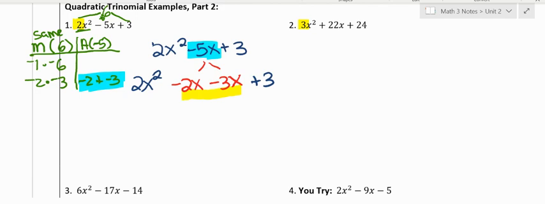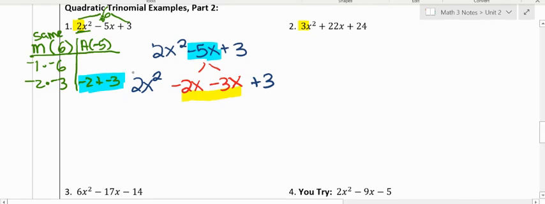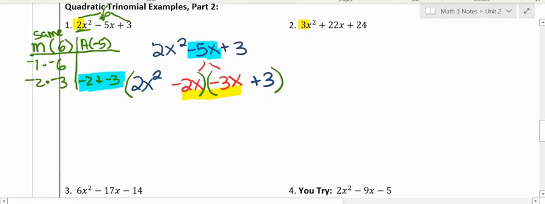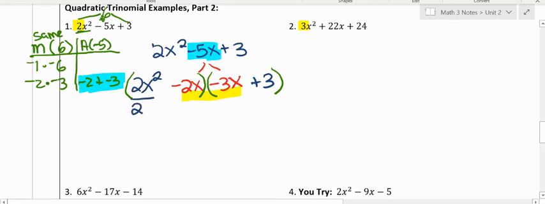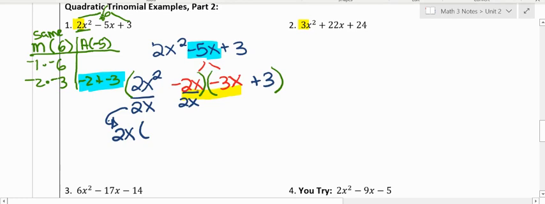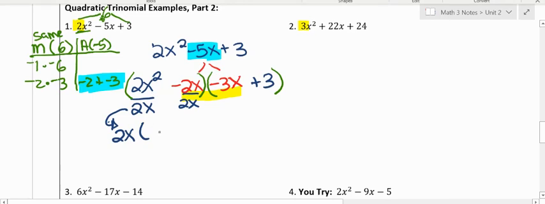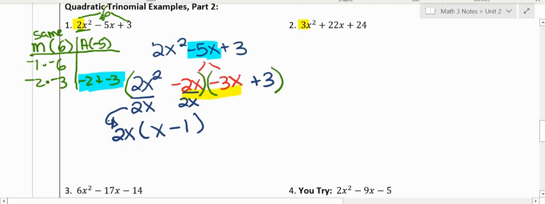Now we're going to do just what we did in the last section. I can group my first two and my last two terms together. In the first pair, I can pull out a 2x. So I get 2x, and then inside it, again, I need two terms on the inside. I'm going to get x minus 1, so this doesn't go completely away.